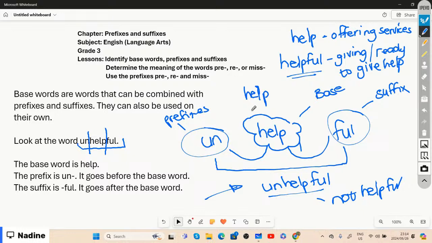Prefixes are words that you add before our base word, and suffixes are words that we add after our base word. Once we add either our prefix or our suffix to the base word, or we can add both, it basically changes the meanings of these words.